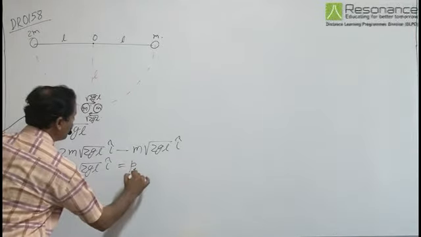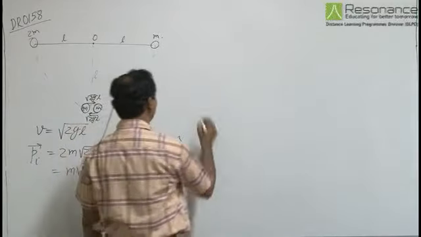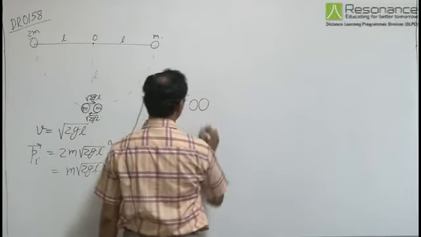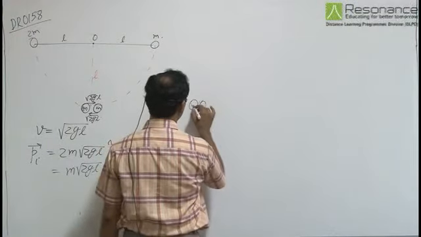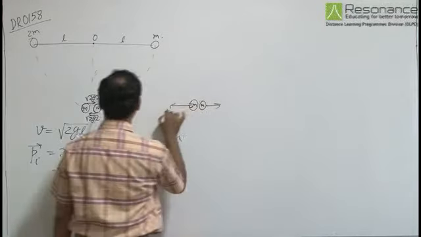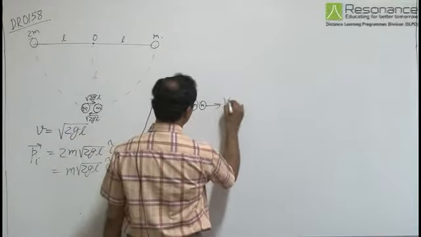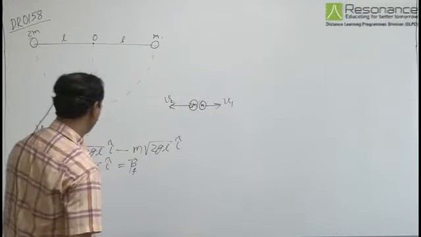This has to be equal to the final momentum. Let after collision, the bodies of mass 2m and m move with velocities v1 and v2 respectively.